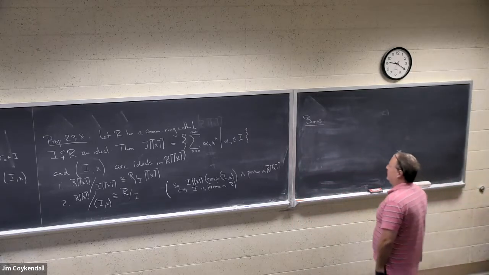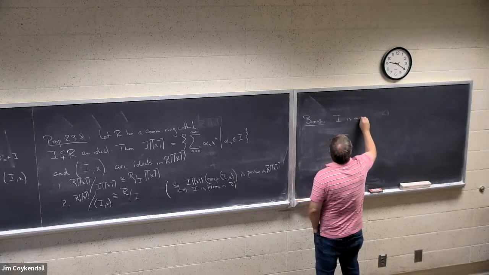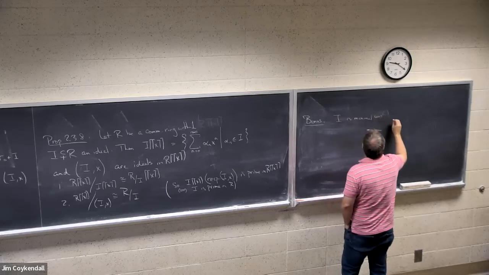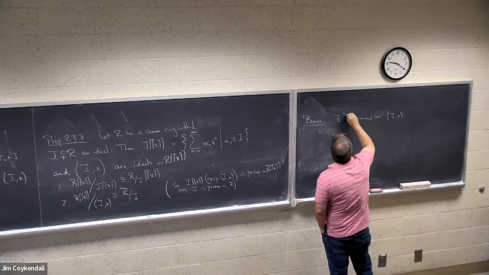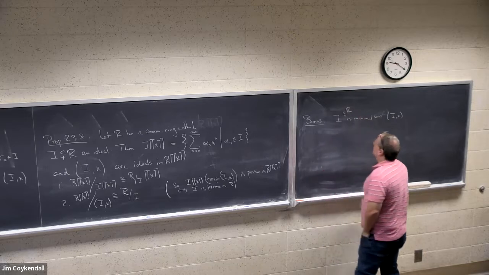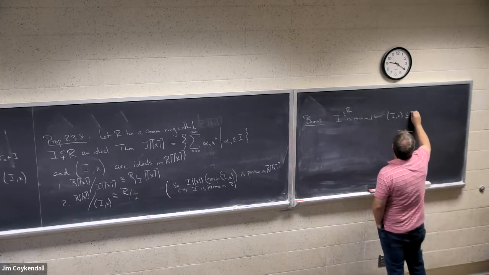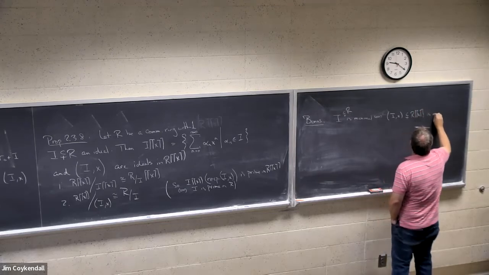And this is: I is maximal if and only if this is a maximal ideal of R[[X]].